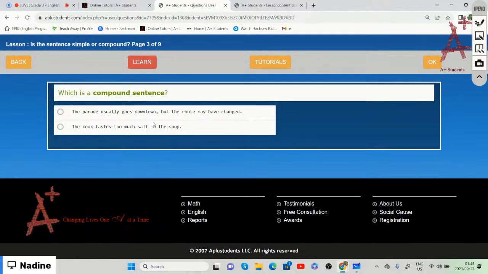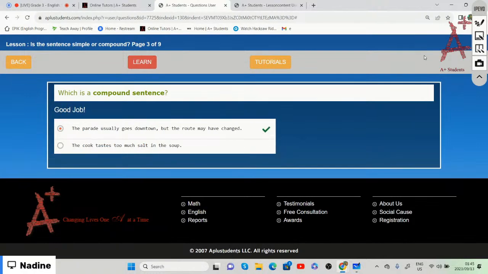All right, so we're going to choose option 1. If you said option 1, then well done, because it is two simple sentences joined by a comma and a conjunction, which is but. So the parade usually goes downtown, but the route may have changed.